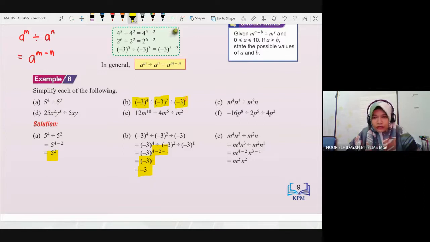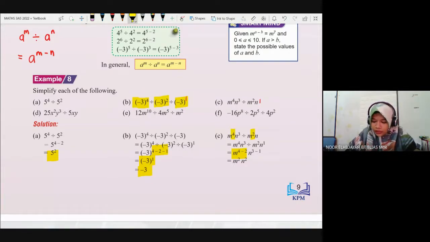Alright, next, C. Now it has two different bases. m to the power of 4, n power of 3, divide by m power of 2, n power of 1. Letak 1. So with the same base, you subtract the index. So here you have m to the power of 4 minus 2, sebab dia punya index tu 4 and 2.